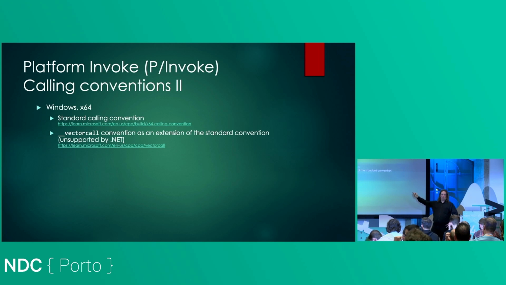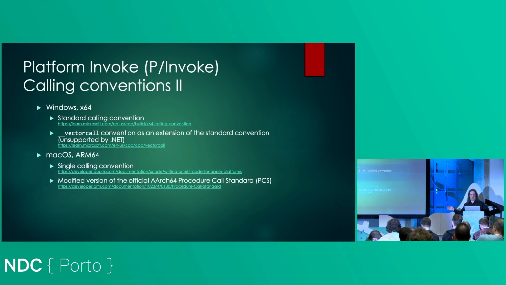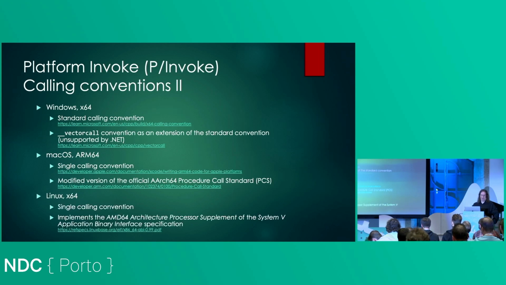So if you want to do a vector call, well, you can't. You have to have a native wrapper for that in the first place and turn it into a standard call, basically. macOS on Apple Silicon on ARM64, there's literally only one convention. It's based on the standard for ARM64, and similarly Linux x64, 64-bit Intel, there's one convention.